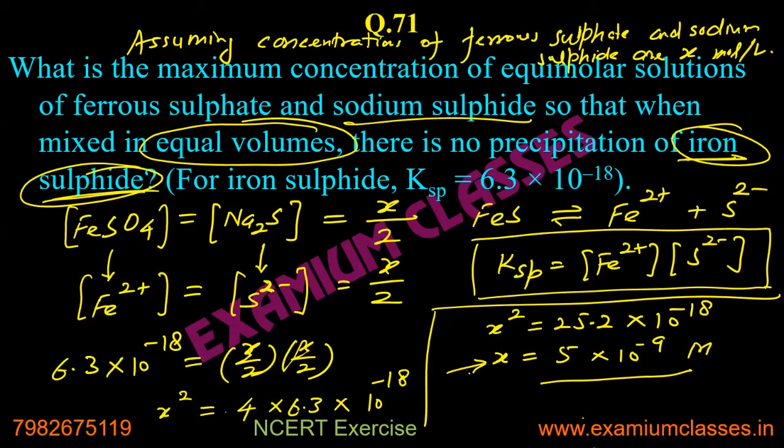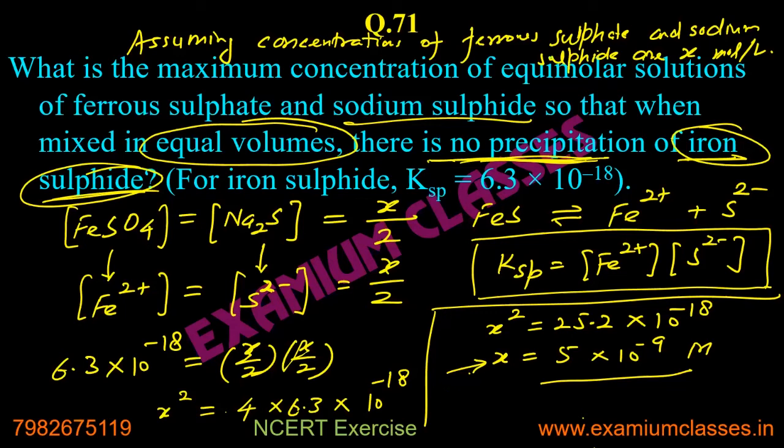If we want no precipitation, the concentration of these two equimolar solutions should be less than or equal to 5 into 10 to the power minus 9. Then precipitation will not take place.